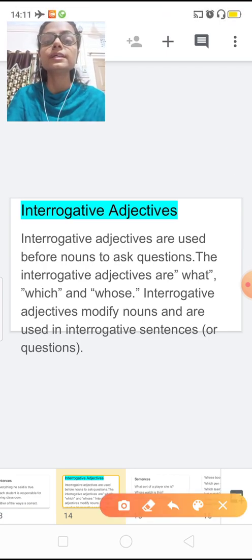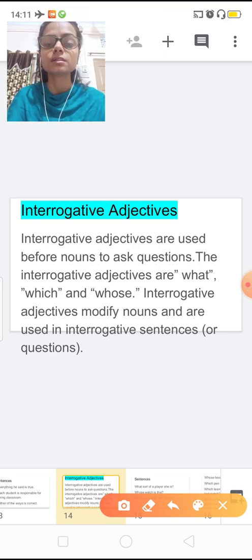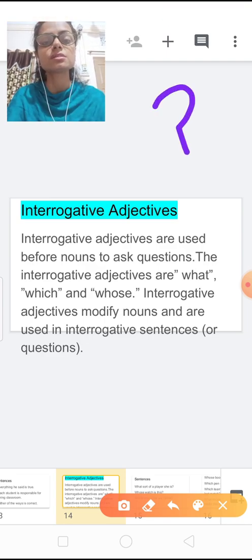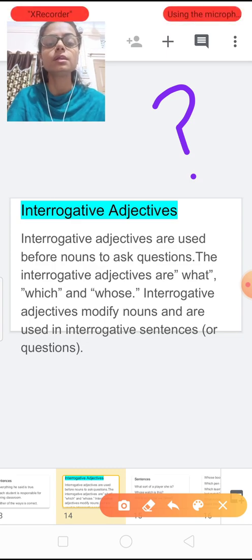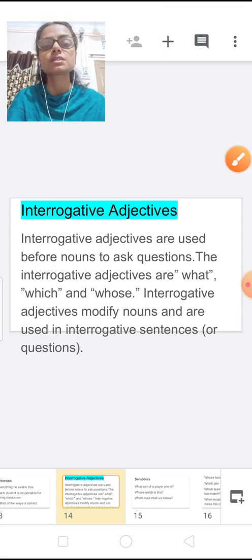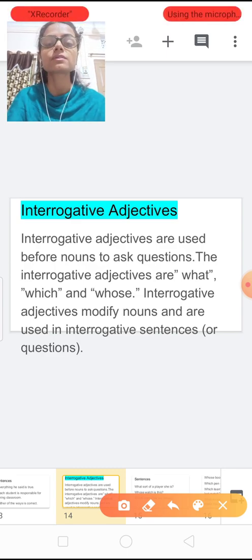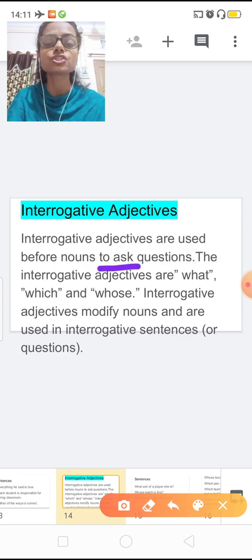Here, interrogative adjectives. Everybody knows about the interrogative sentences. The sentences which ask some question and which is denoted by the question mark. So, similarly, interrogative adjectives are used before noun to ask question.